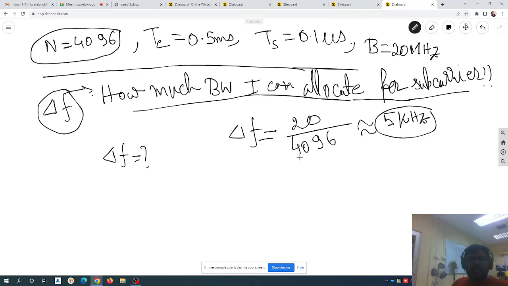So that is a catch right now. Suppose you have this symbol duration in the frequency domain. You have this OFDM within this band, and what happens if I use this whole 20 megahertz?